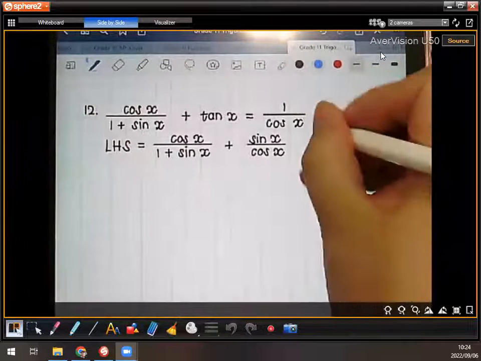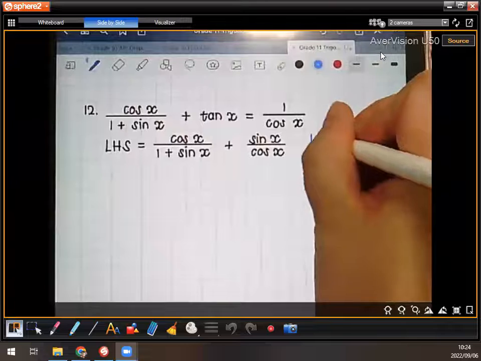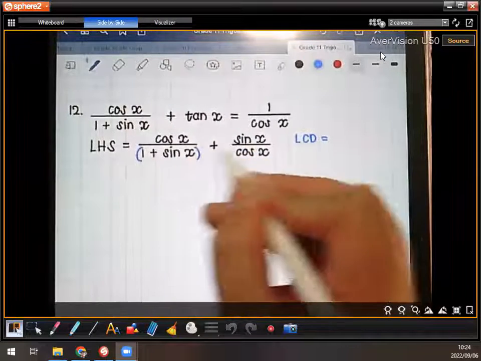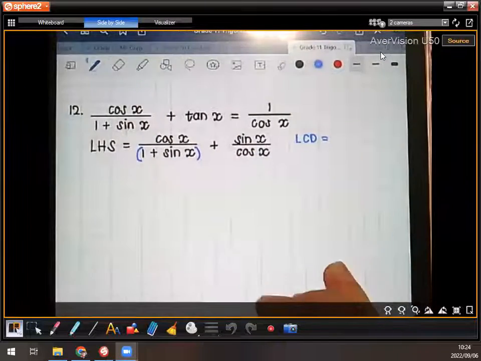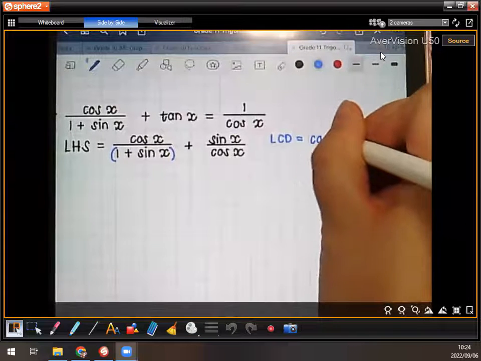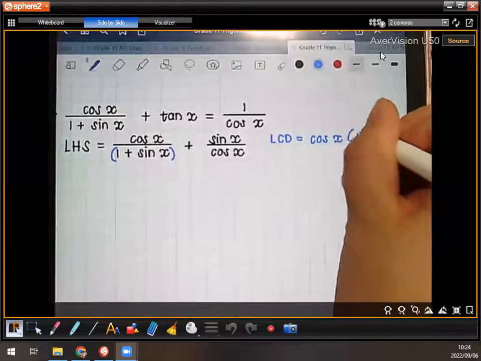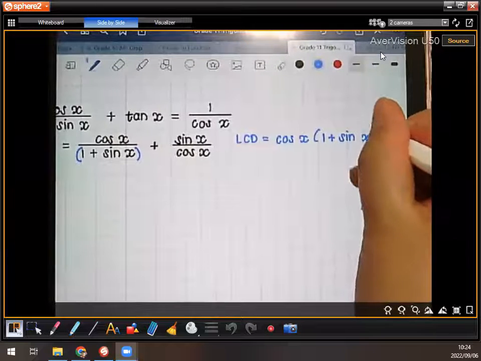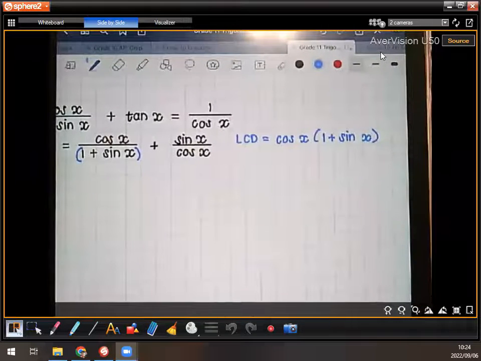Okay? So the LCD of this is a bit more complicated, guys, because you have basically a bracket and cos x. So your LCD is actually going to be cos x times 1 plus sine x. Remember the LCD is the lowest common denominator.